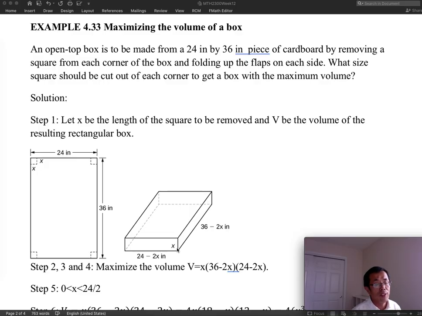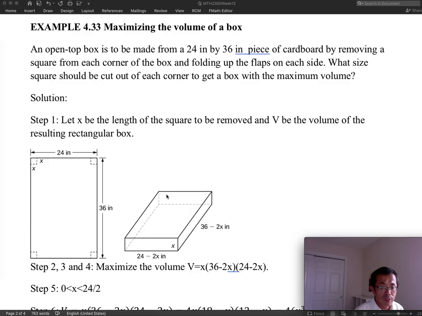Okay, so the thing is, I hope you see, if that's the only requirement, you cut a square off from each corner and then fold along the edge of each side, and then you can make an open top rectangular box. I hope you see there are many different ways to make it.